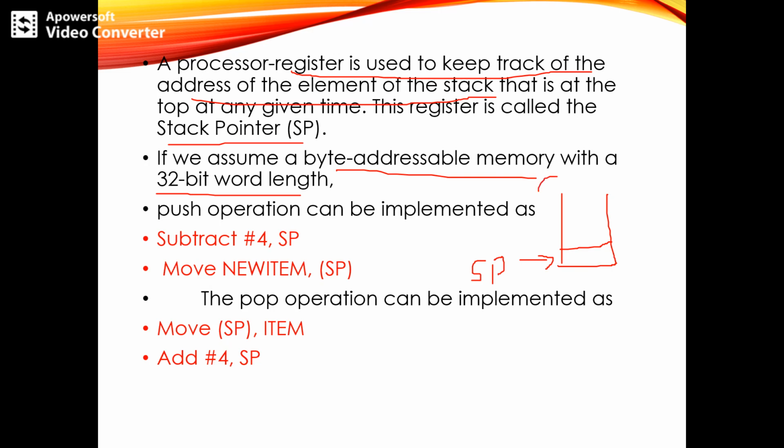We have to perform push operation, meaning we have to insert a new element into the stack. So we can subtract the immediate constant 4 from the content of SP in order to point towards the previous location. That means whenever we subtract constant 4 from SP, the new location of SP will be here. And now we can perform push operation.